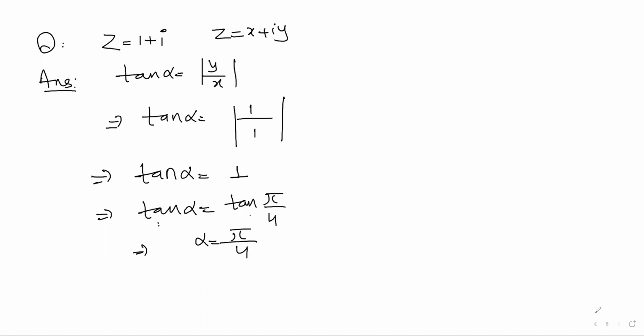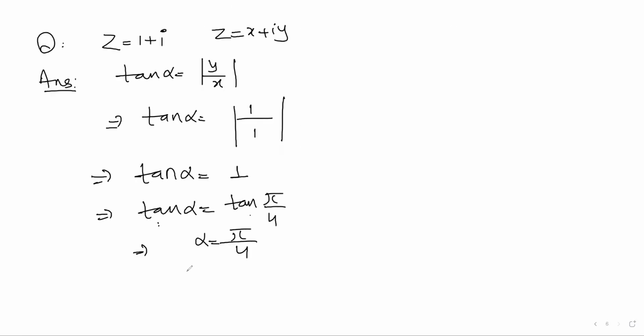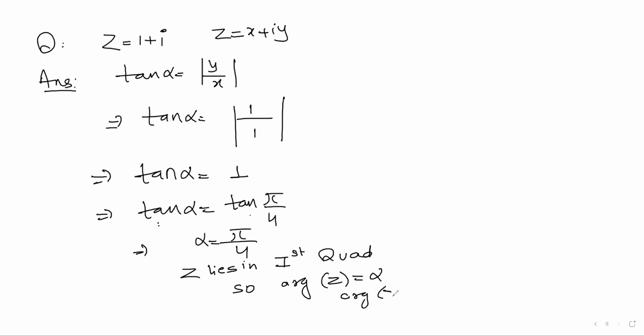So in the first quadrant, if we check the formula, then if Z lies in the first quadrant, the argument is equal to alpha. So we will say that Z lies in the first quadrant, so argument of Z is equal to alpha, that is pi by 4.